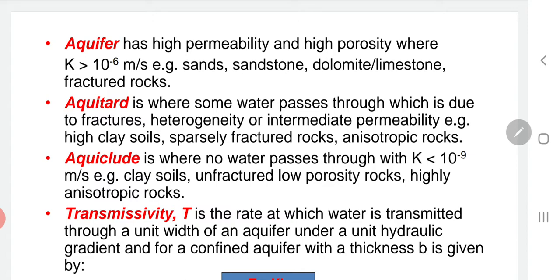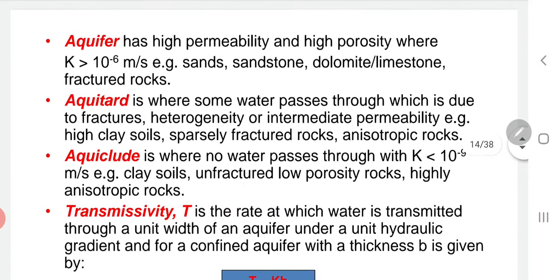from a groundwater body. An aquitard is where some water passes through, which is due to fractures, heterogeneity or intermediate permeability. For example, high clay soil, sparsely fractured rocks, and anisotropic rocks. This one you can still extract water but with some limitation.